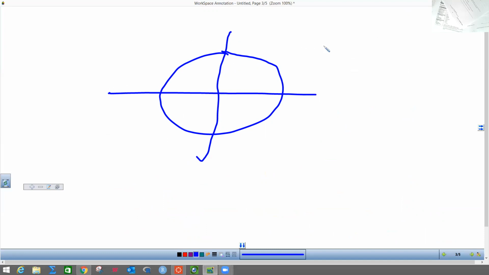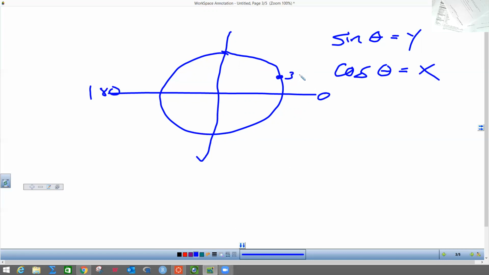Okay, so you know, I hope, that sine theta is the y value around the unit circle. Cosine theta is the x value around the circle. So when you go from 0 to 180, the angles go all the way around our special angles, all the way around like this.